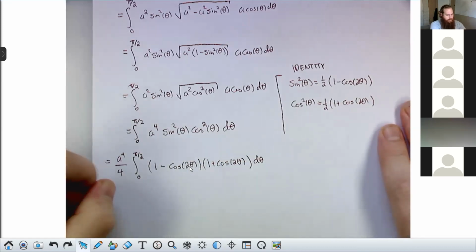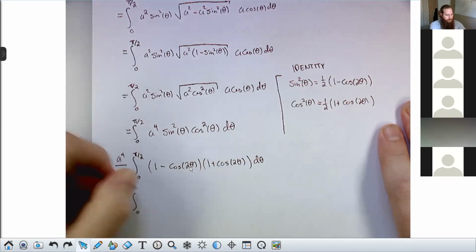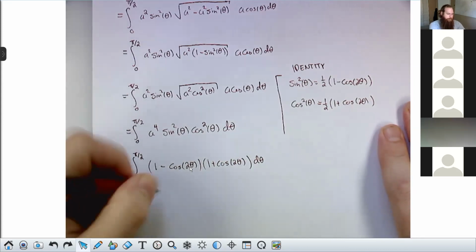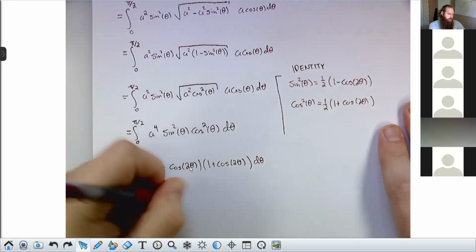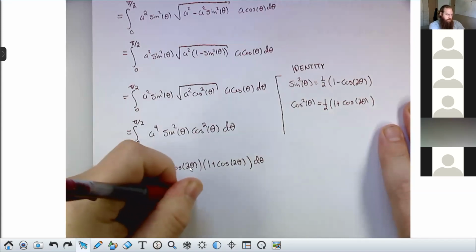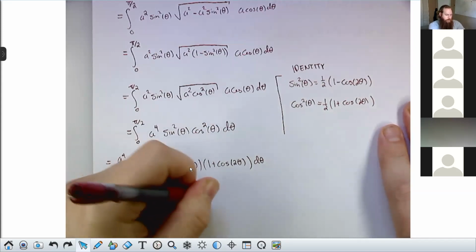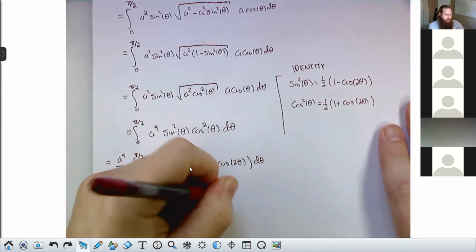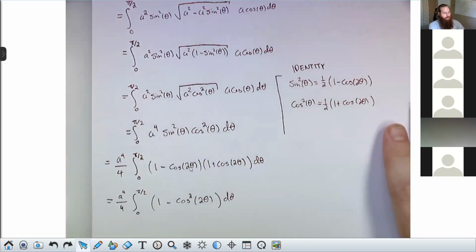In other words, this is going to look like a to the 4 over 4 integral 0 to pi over 2 of 1 minus cos squared 2 theta. The cross terms there will cancel. You'll get a plus cos 2 theta from your outers and a minus cos 2 theta from your inners. Those eat each other up. But I now need to deal with this.